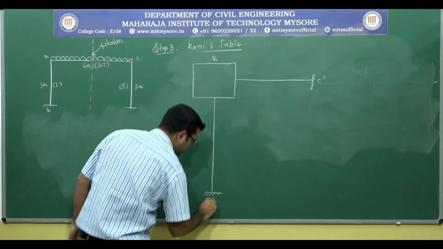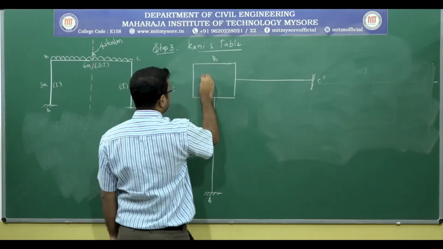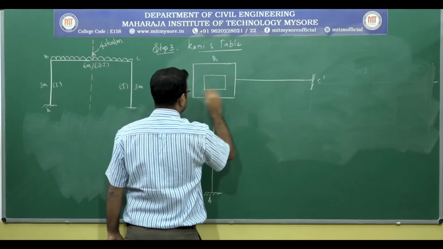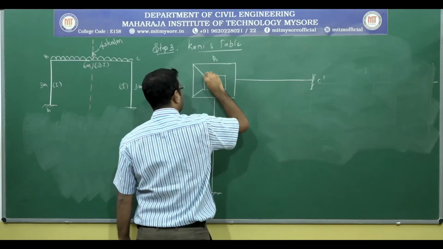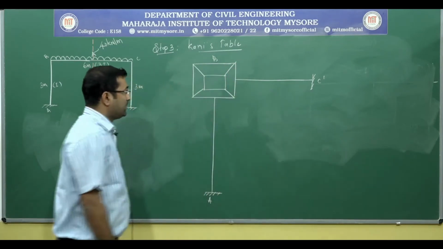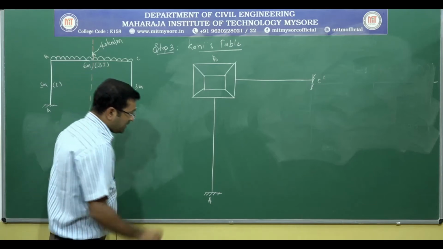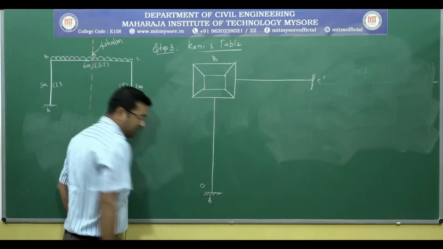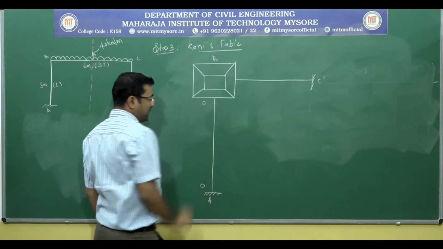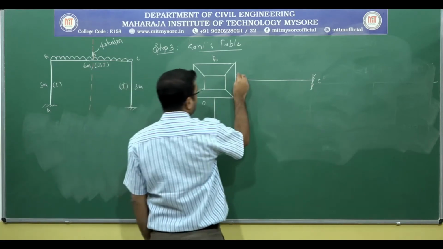So this is B joint, this is A. Here I have to draw one more box where we are going to write the algebraic sum of fixed end moments. Okay. So first of all, let me represent the fixed end moments. Fixed end moment MFAB is 0. Similarly, MFBA is also 0.